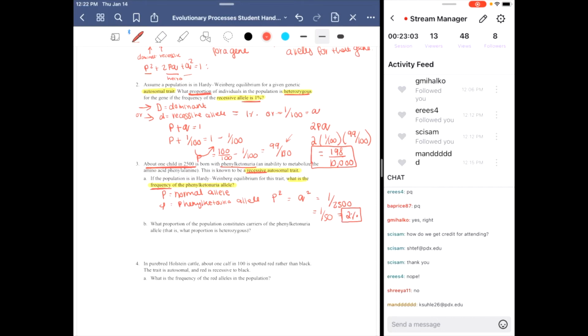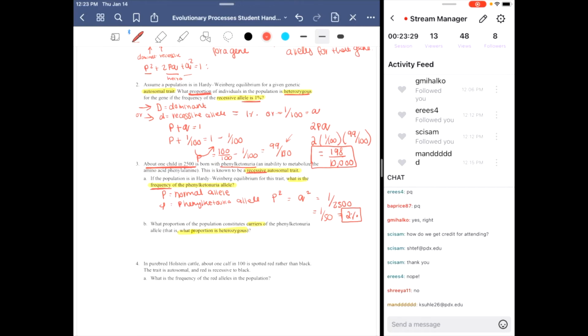And part B is asking what proportion of the population constitutes carriers of the phenylketonuria allele. So carriers, in other words, what proportion is heterozygous? Can anyone tell me what part of the Hardy-Weinberg equilibrium we're solving for?